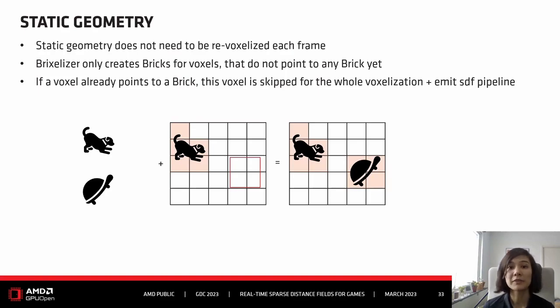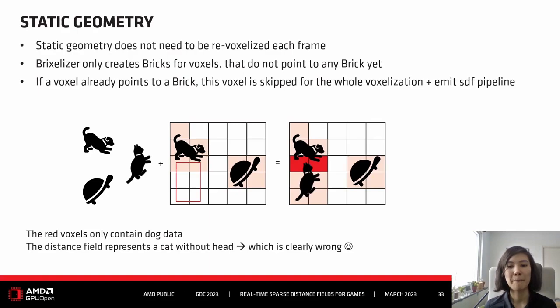So it will not do anything with them. It will just leave them as they are. While the turtle will intersect with empty voxels, so for them it will generate new bricks and generate the distance field.